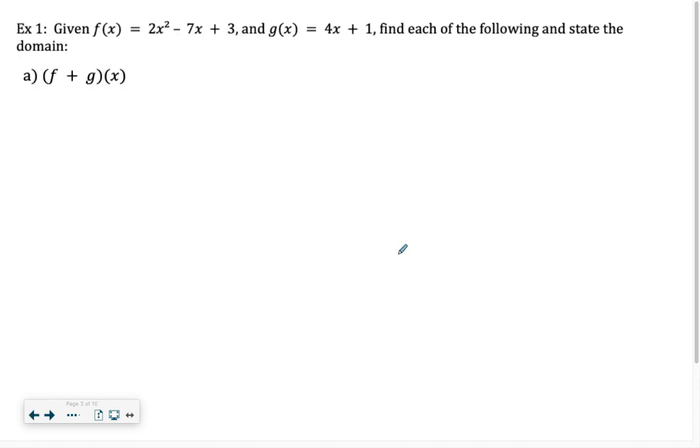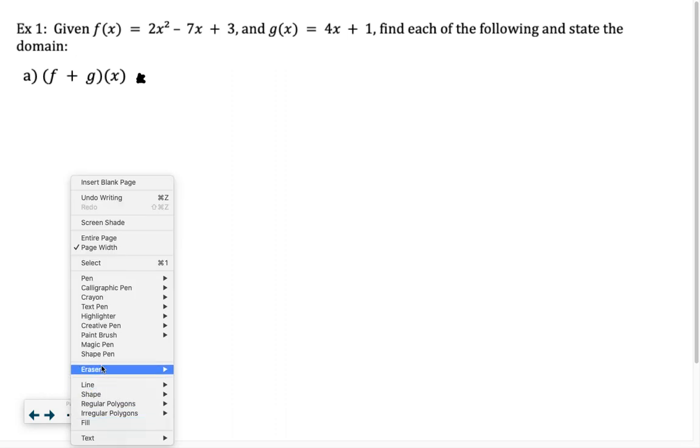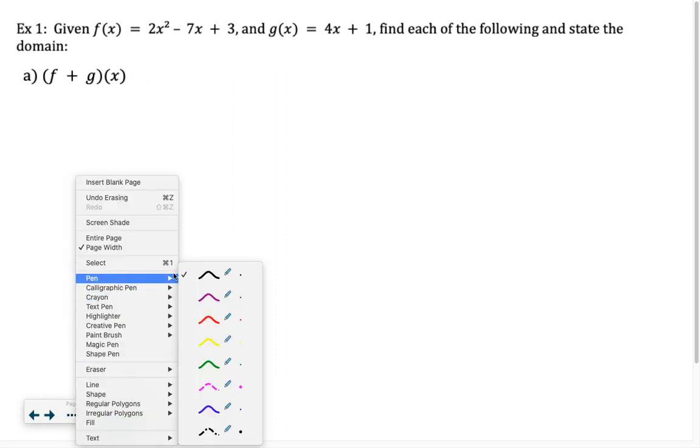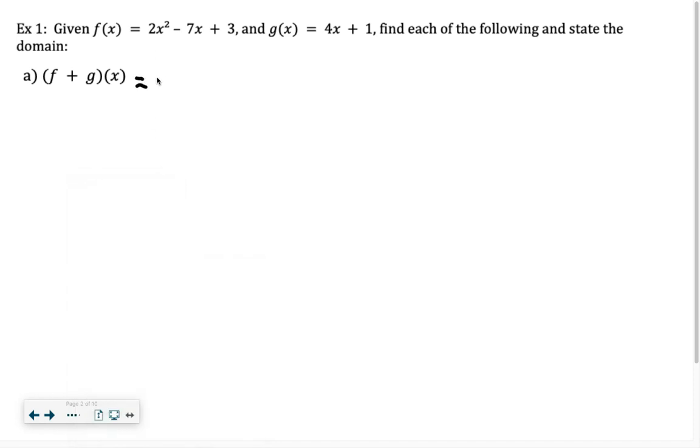So let's jump right into an example. Let's say we're given 2x squared minus 7x plus 3 for f of x, and then 4x plus 1 for g of x. So the first one, I want to find f plus g of x. Well, that just means f of x plus g of x.